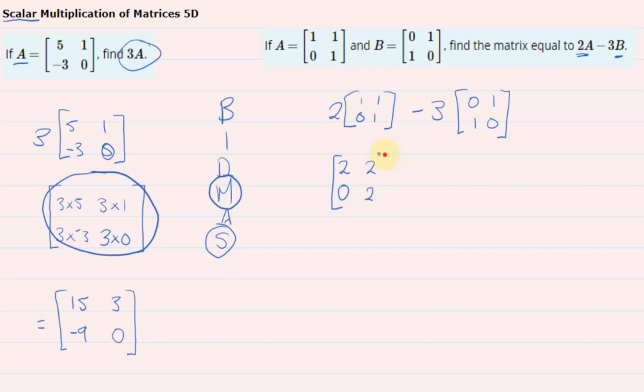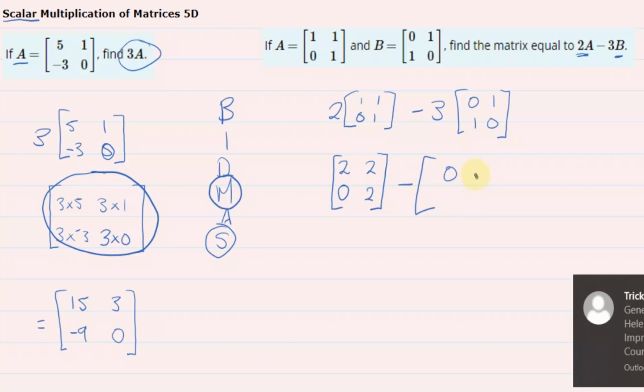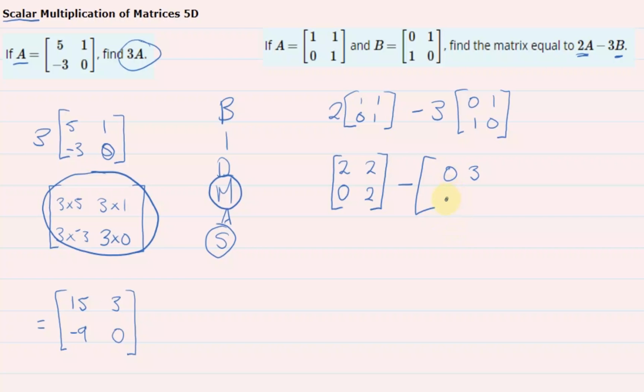And then we will go on and now we multiply 3 times 0 is 0. 3 times 1 is 3. 3 times 1 is 3. And 3 times 0 is 0.